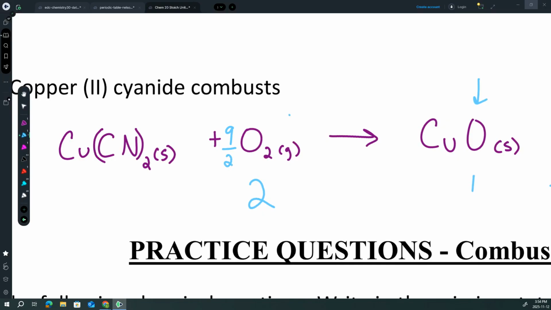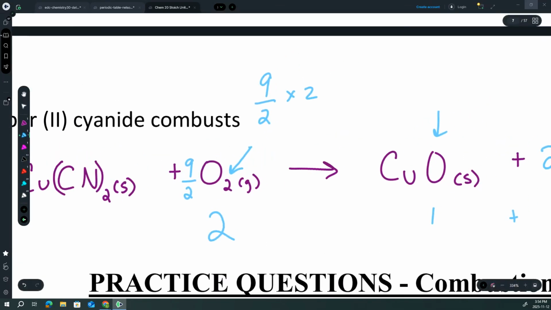The reason why I'm dividing it by 2 is because of this little 2 right here. Because 9 over 2 multiplied by 2, well, 9 times 2, that's 18. And then 2 times 1, that's 2. 18 divided by 2, that's 9. Okay? So this does represent that we have 9 oxygens.